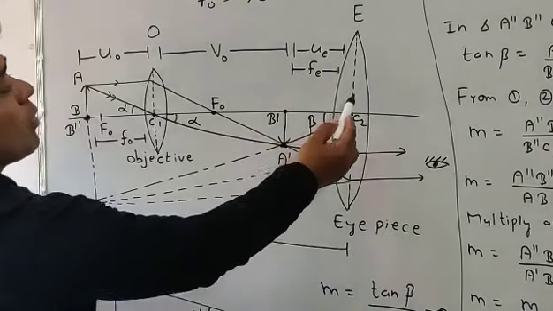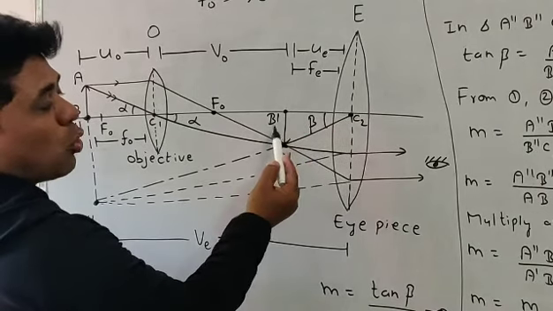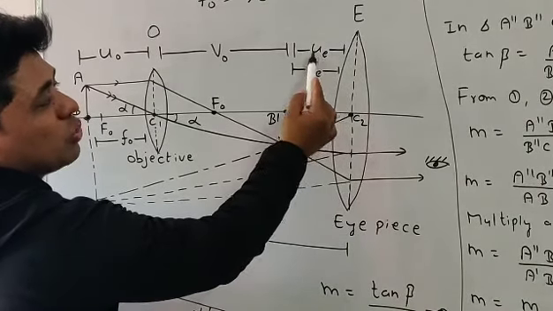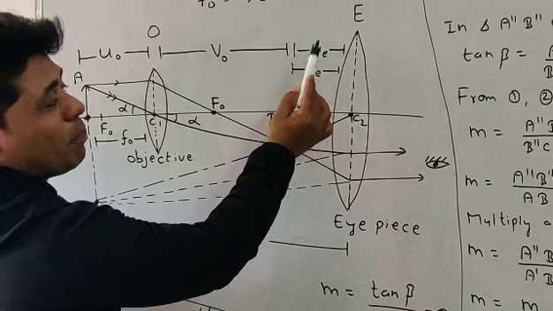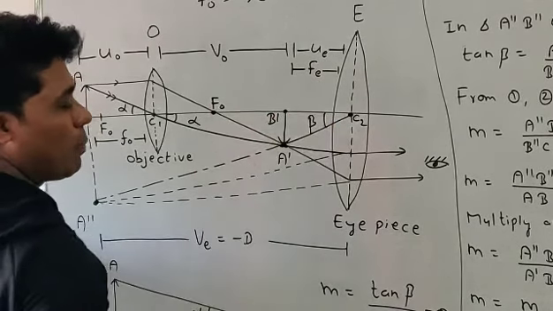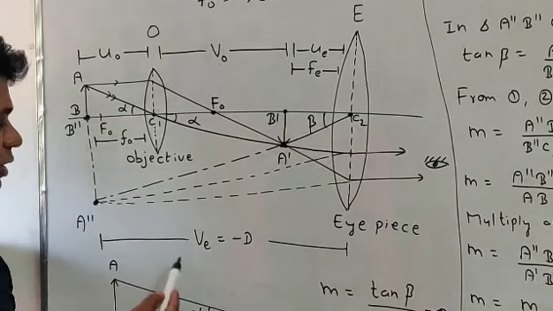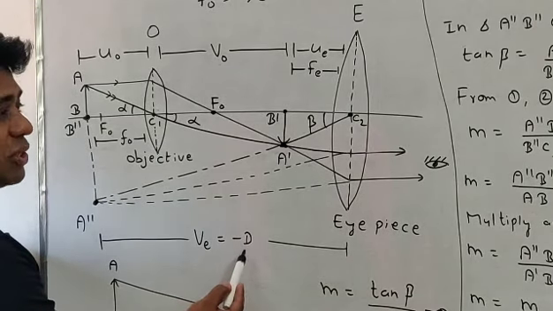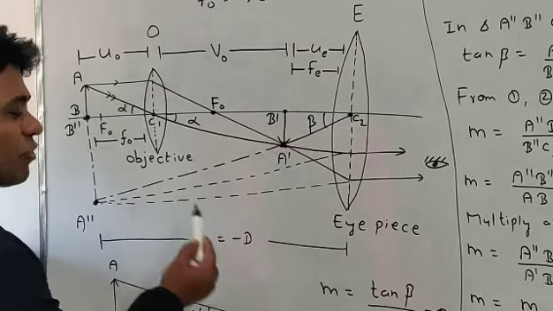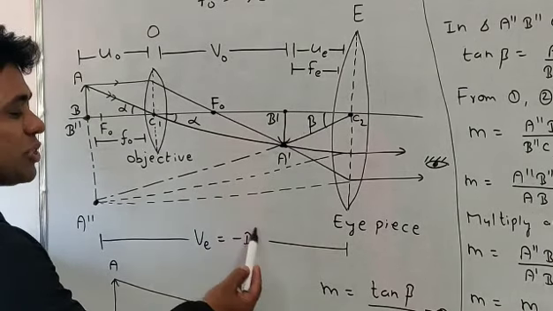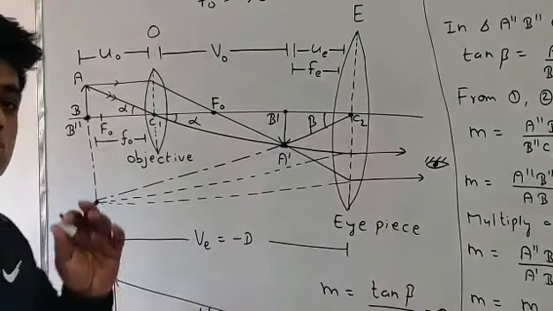Now students, lens to object for the eyepiece lens is UE, the object distance for the eyepiece lens. The lens to final image V is minus D. Using sign convention, on the left side we use the minus sign, and the image will form at the least distance of distinct vision, that is 25 centimeter.